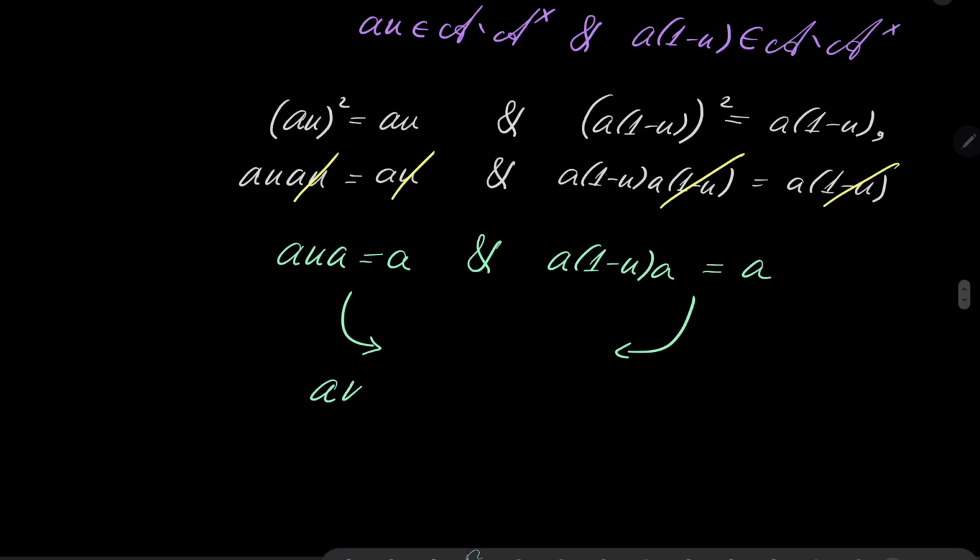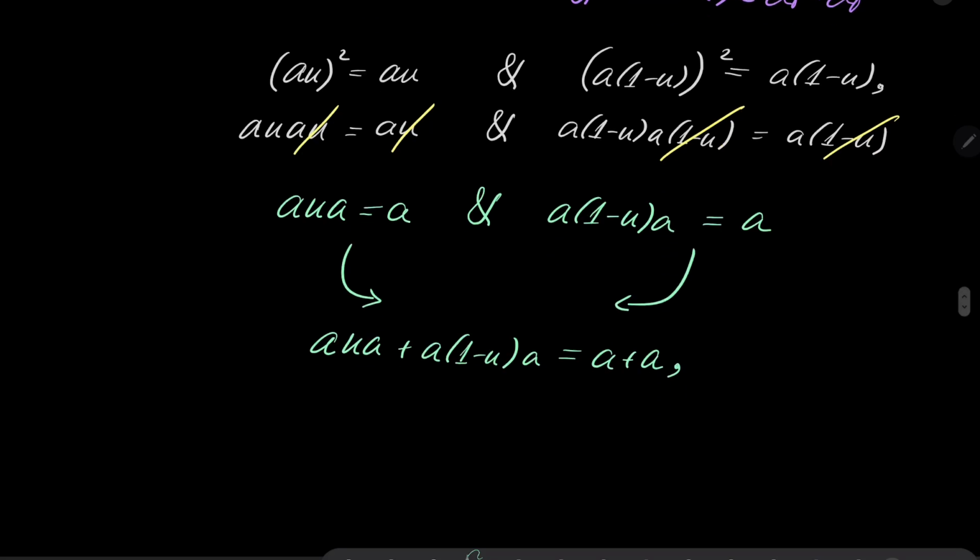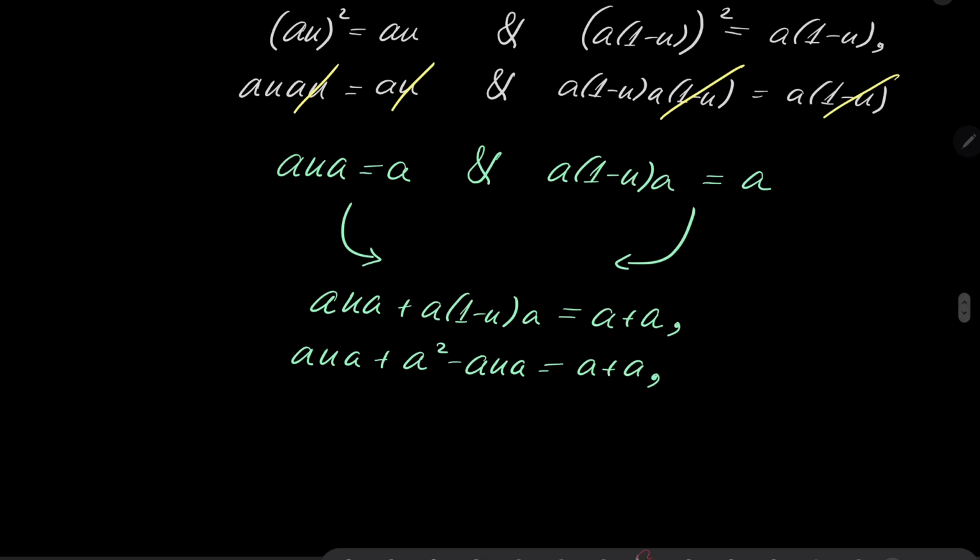So we have AUA plus A(1 minus U)A equal to A plus A. All right. AUA plus we have A squared minus AUA equals A plus A. Now this cancels with that, and we have A squared equals A plus A.